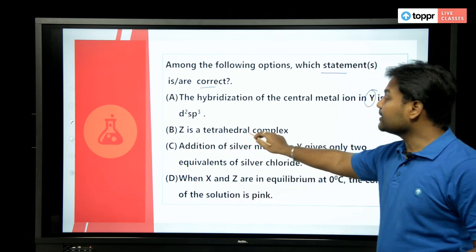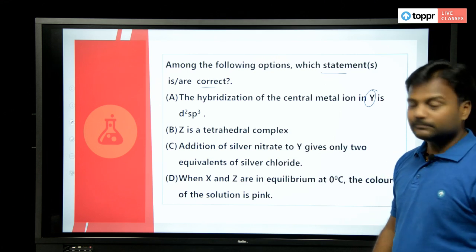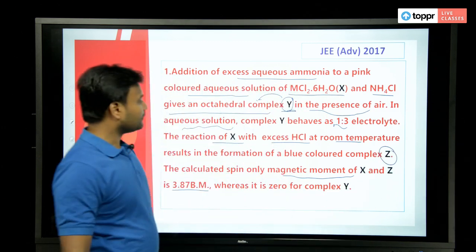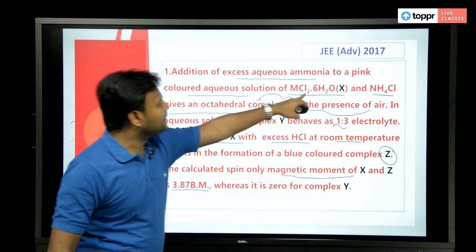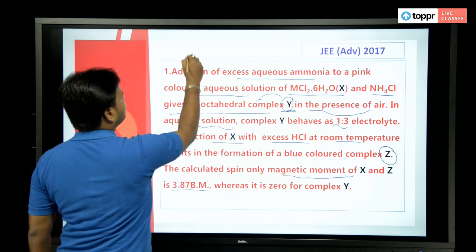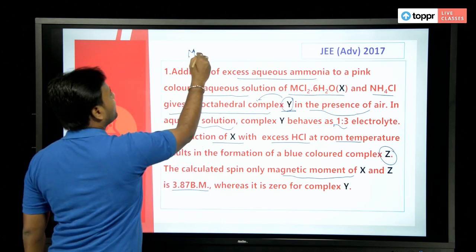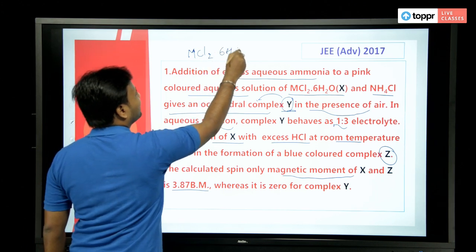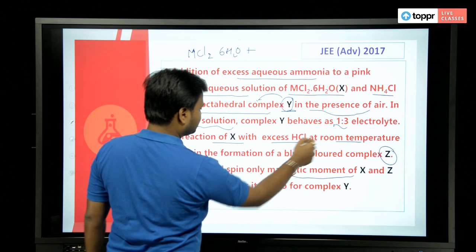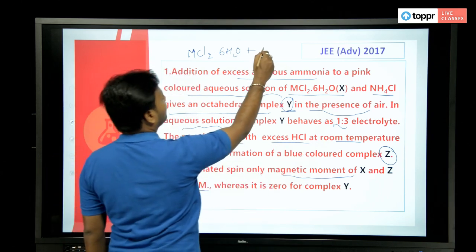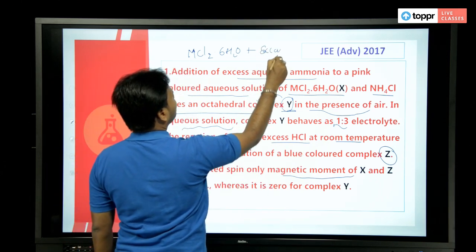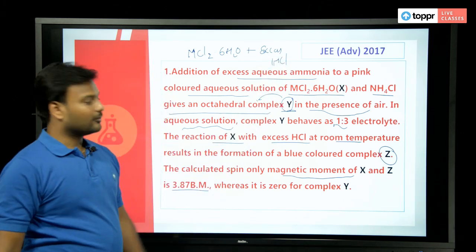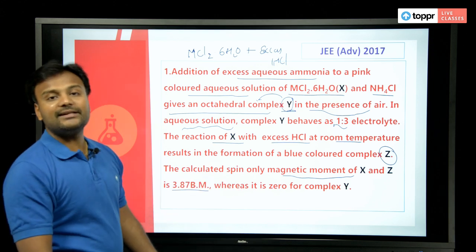Z is a tetrahedral complex. Where is Z formed here? That means X, this compound MCl2, when it reacts with excess HCl, you will get Z. The geometry of Z is square planar, they are saying.